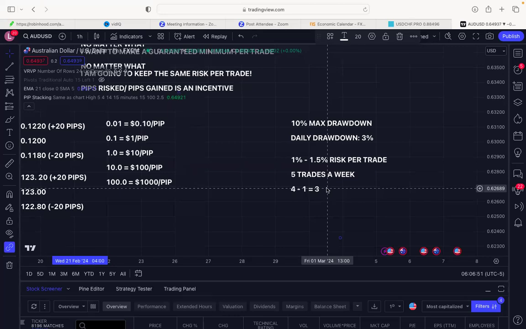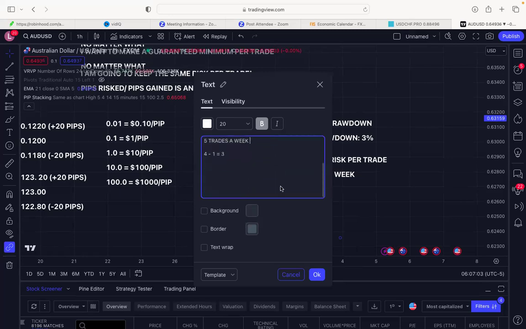All right. So once we have that and we're up 3 trades per week on a 1.5%, let's see what that equals out on a 50K account. On a 50K account, right? 50,000. So 50K. What's 1.5% of 50K?